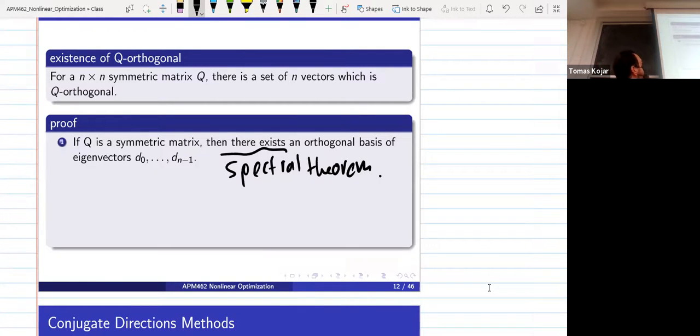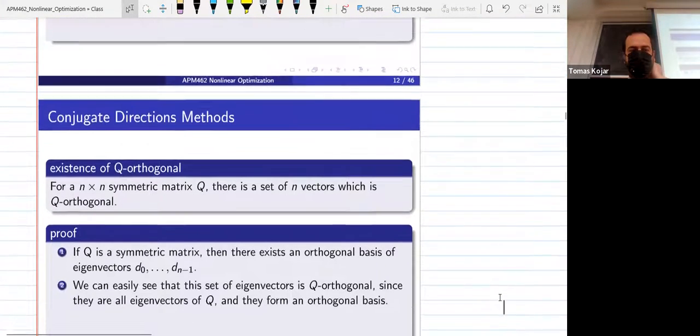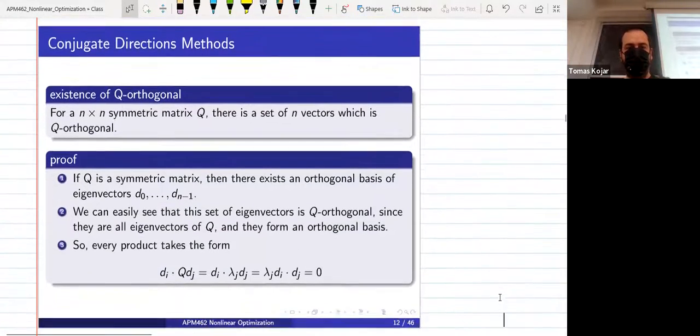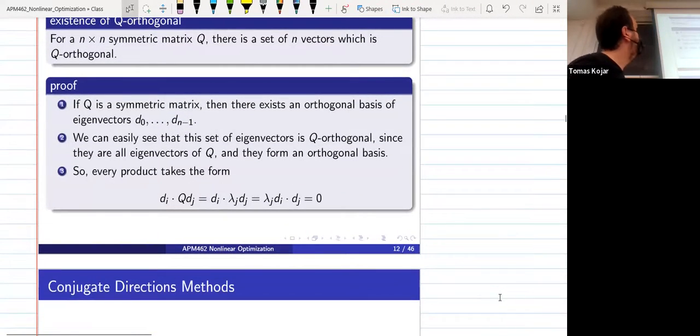There's a lot of meat there in showing that this basis exists, but you have it. And I just talked about that, so I'm just repeating the proof, that they form an orthonormal basis.